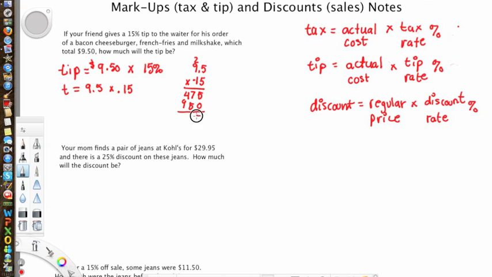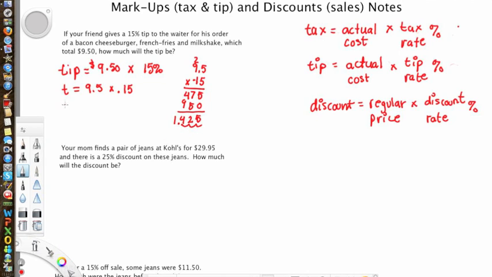5 and 0 is 5. 7 and 5 is 12, carry the 1. 1 plus 4 plus 9 is 14. I have 3 decimal places in my multiplication problem. Therefore, I should have 3 decimal places in my answer.